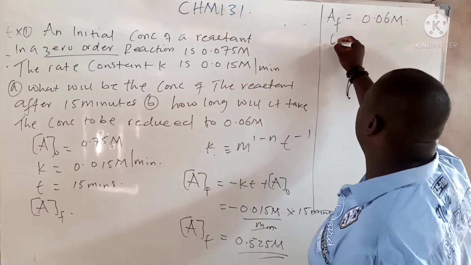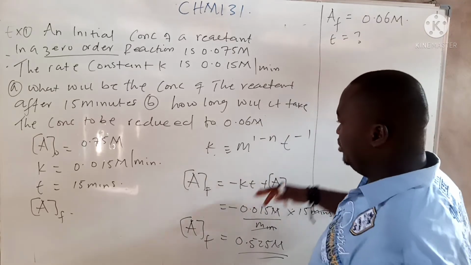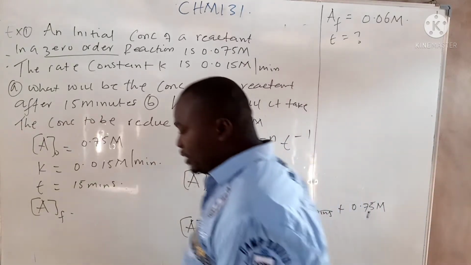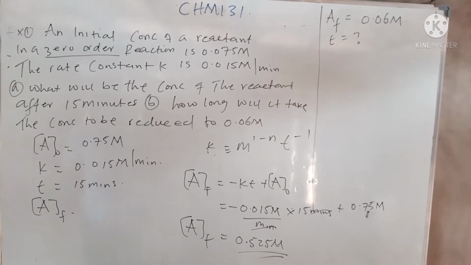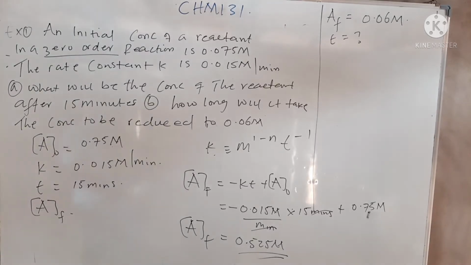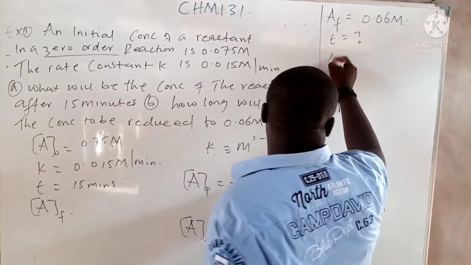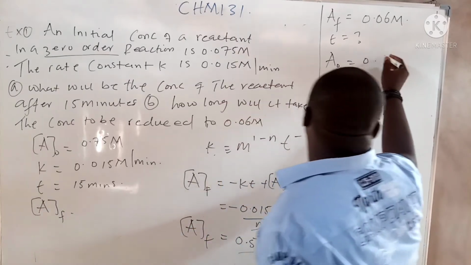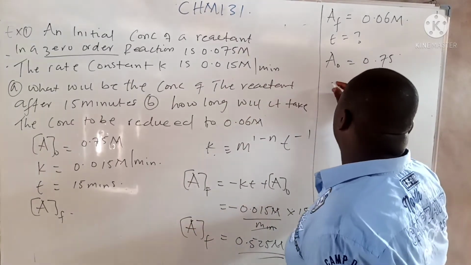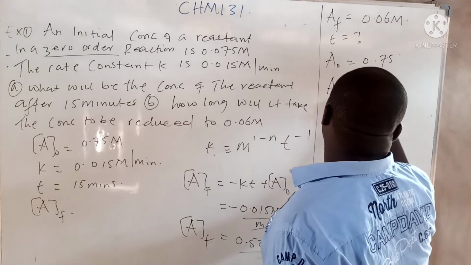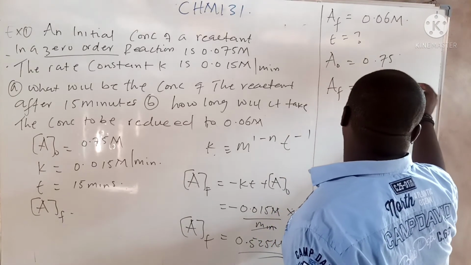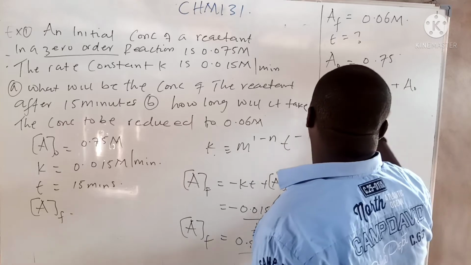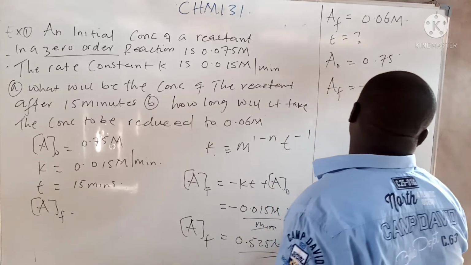Now they want you to calculate the time, but the initial concentration has always been given in the question. So from here, the initial concentration is 0.75, don't forget. Now remember that A_f is minus KT plus A_0. Now they want us to calculate the time.